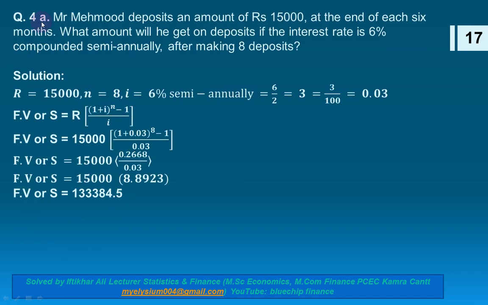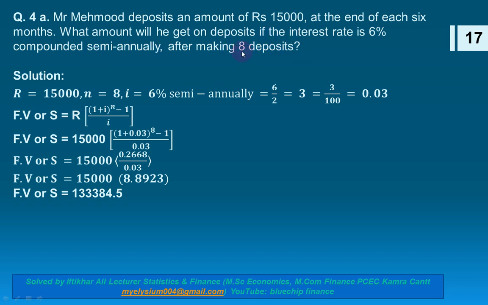Question number 4, part A. Mr. Mahmood deposits an amount of rupees 15,000 at the end of each 6 months. So it is the case of annuity because there are multiple payments or multiple deposits. What amount will he get on deposits if the interest rate is 6% compounded semi-annually after making 8 deposits?